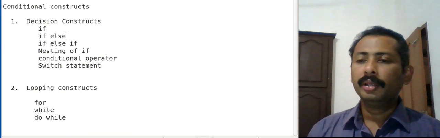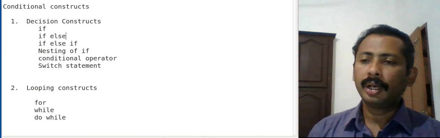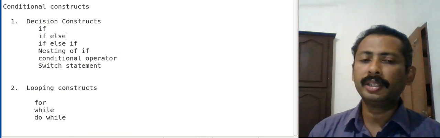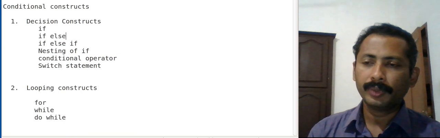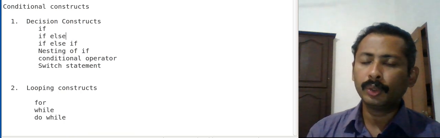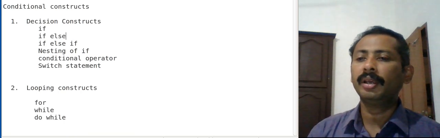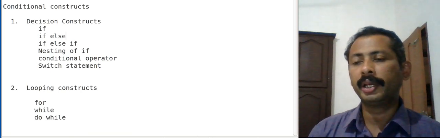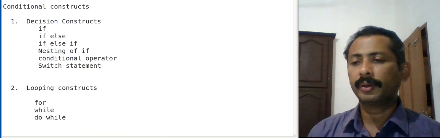Then we can use the other construct called if else. If the condition is true, do something, and if it is false, do some other thing. That is if else. The else portion indicates the false part.